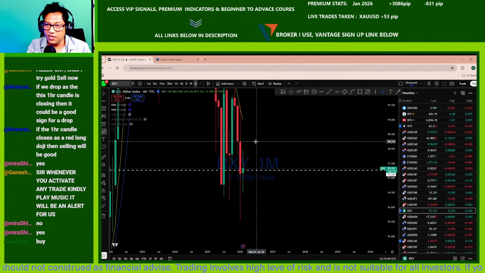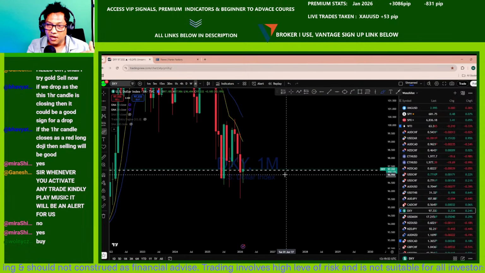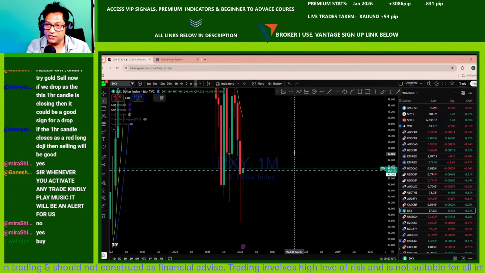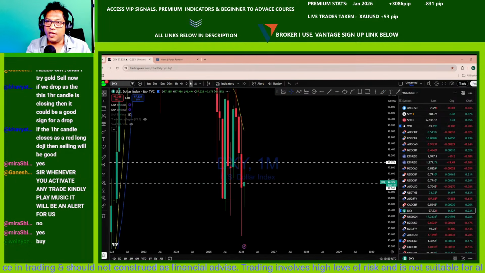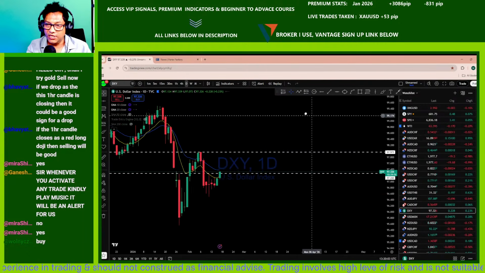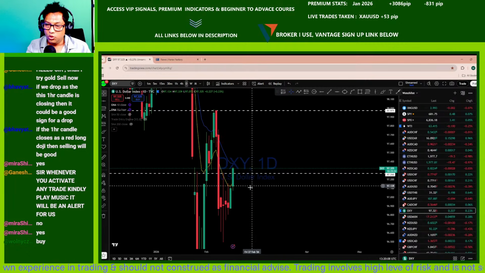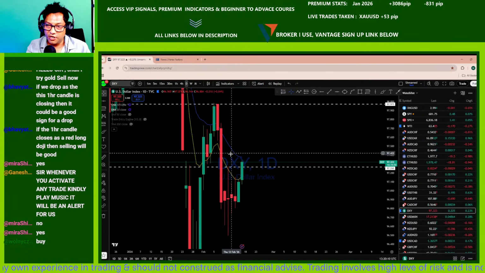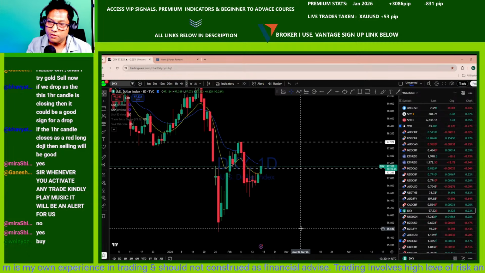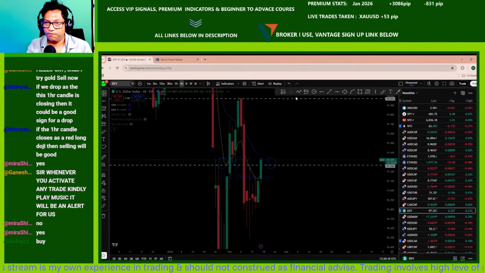Looking at the monthly price action, the market is in a downtrend, and the weekly also shows a downtrend. The daily price action shows the market is crossing that high, and the price could remain bearish here.